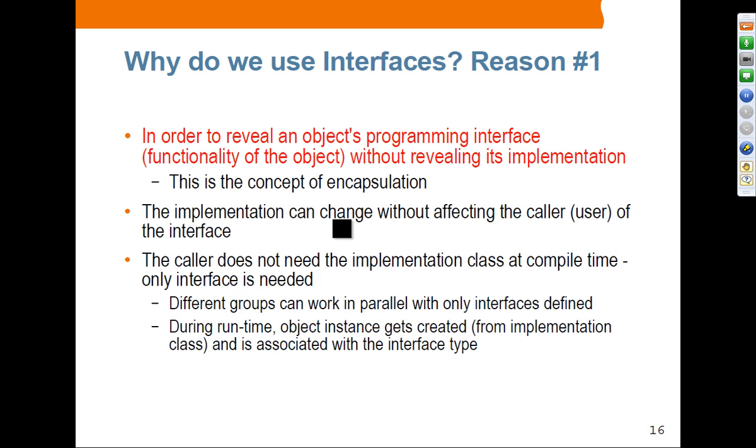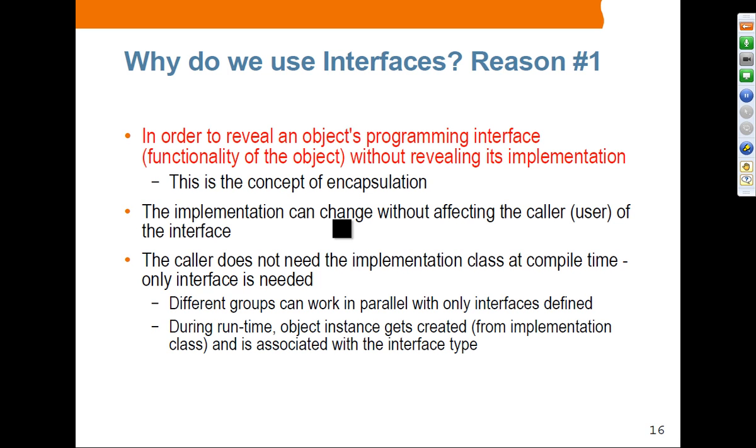You can define an interface to reveal the contract of a programming API without revealing its implementation. This is in fact the concept of encapsulation we talked about on and off, right? Meaning the implementation details are hidden from the user.